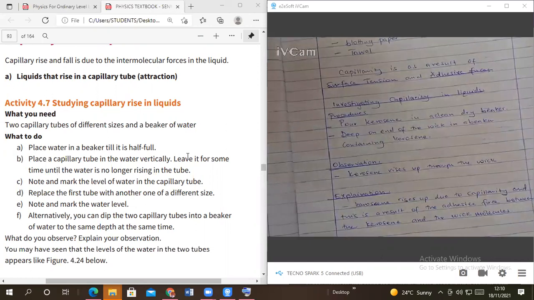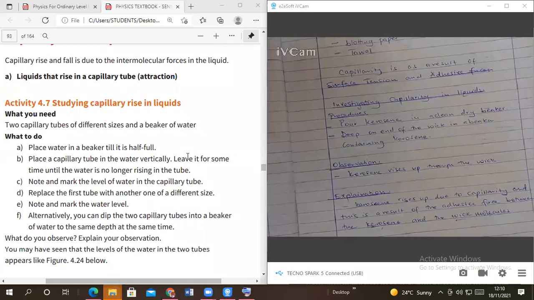Kathy and Dakia, have you heard? Molecules of different substances. For example, kerosene and the lamp wick. The wick and kerosene are different materials, so their molecules are different.